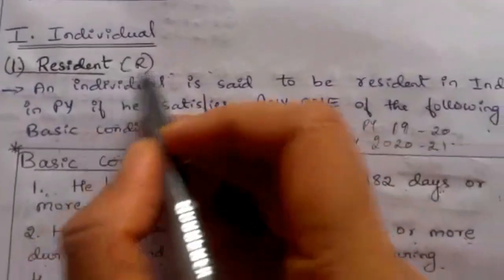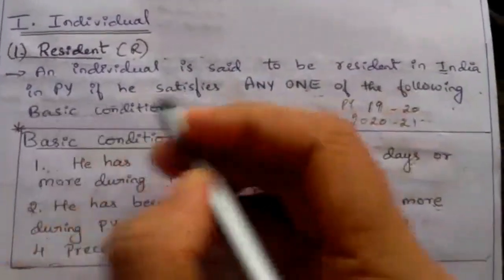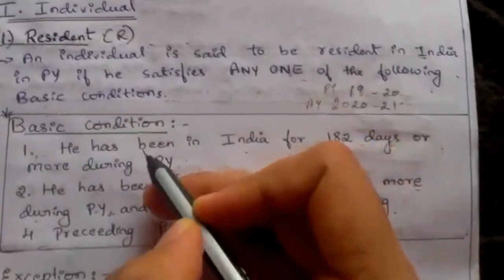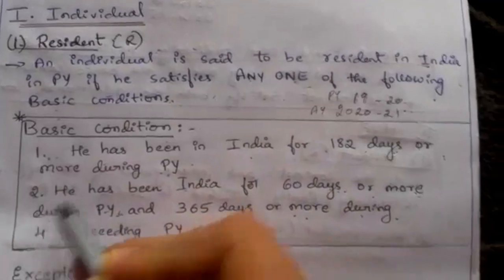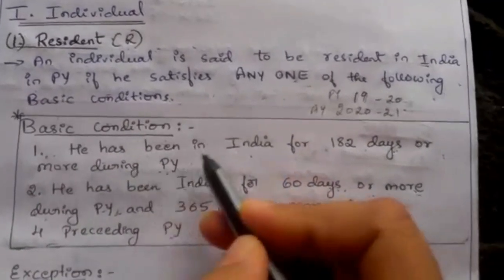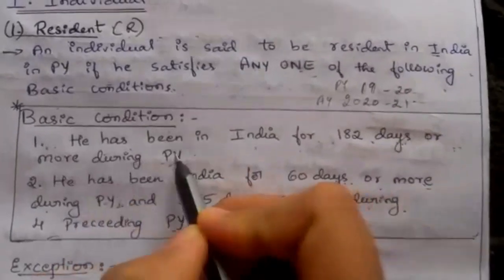In case of resident, what is the rule? An individual is said to be a resident in India in the previous year if he satisfies any one of the following basic conditions. There are two basic conditions. The first basic condition is he has been in India for 182 days or more during the previous year.